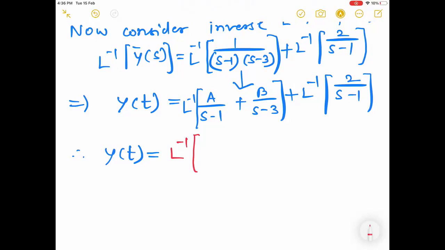A is minus 1 by 2 and B is 1 by 2. Correct. Very good.